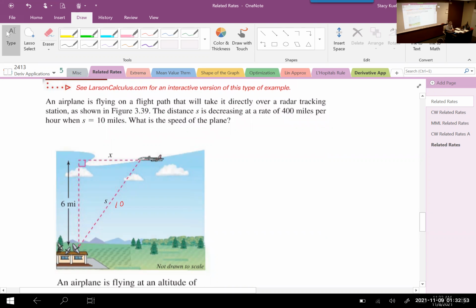The distance is decreasing at a rate of 400 miles per hour. So this distance here is decreasing at a rate of 400 miles per hour. So we're getting closer in that direction. When s is equal to 10, what is the speed of the plane? That's what we are looking for. All right, so draw your triangle on your paper.